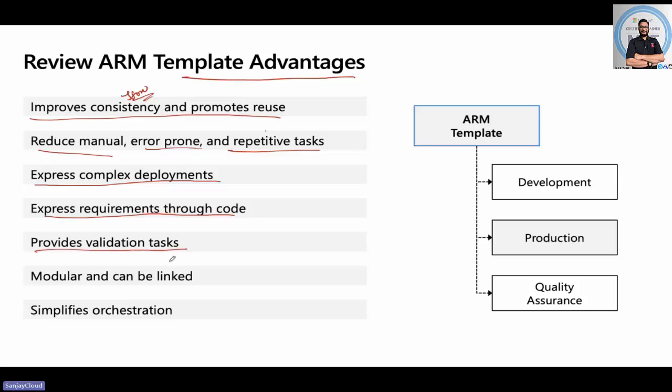Provide validation. Modular and can be linked. We can create smaller templates which we can link into one template, that is called modular and linked. Simplify orchestration. It will simplify your orchestration. You would be able to orchestrate your deployment. You can automate your deployment using ARM templates in Microsoft Azure.